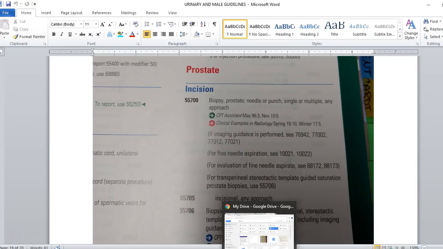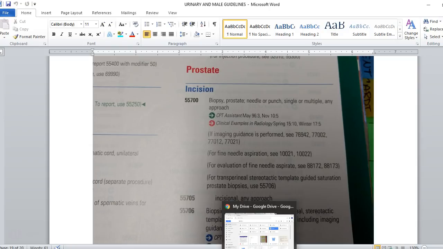We can do prostatectomies through the perineum. We can do them suprapubic, so through the pubic area. You can do them retropubic, through the back of the pelvic area. We have lots of different ways that we can get there.